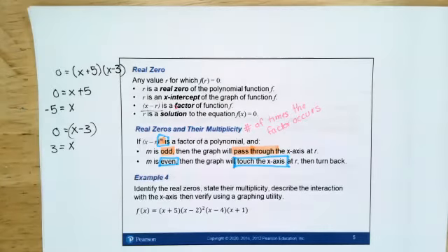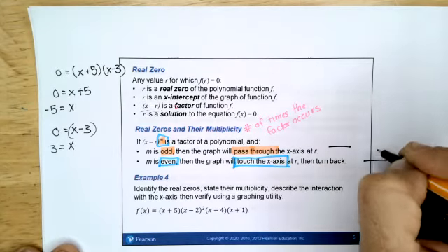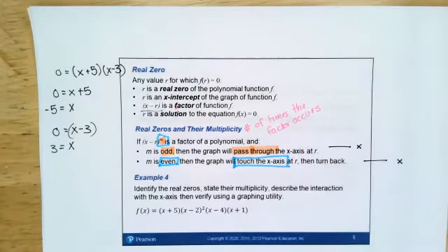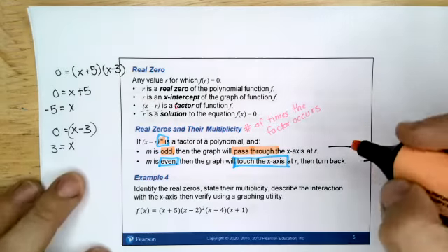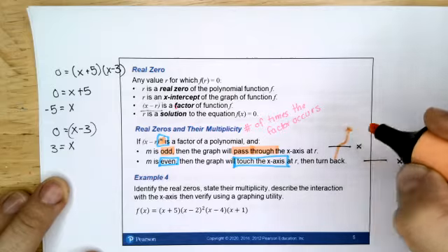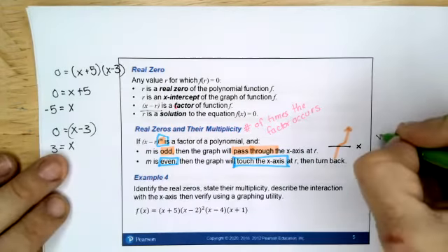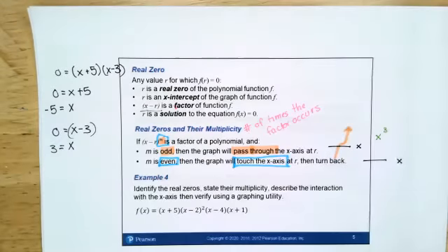Good? So, for example, an odd exponent, here's my x-axis. An odd exponent will do this. It will cross it. Such as x cubed.